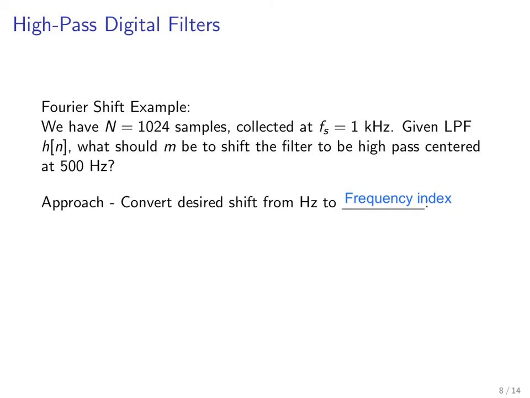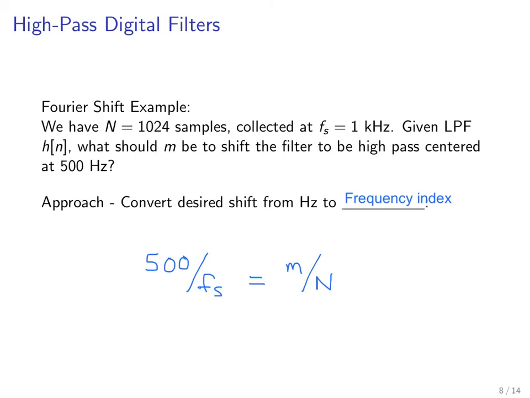The way we're going to do that is to use the following relationship, which is a new relationship, which is that the 500 hertz that we want to shift by divided by the sampling frequency of 1 kilohertz has to be equal to little m over capital N. Okay, 500 hertz over 1 kilohertz has to be little m over capital N, which is 1024.